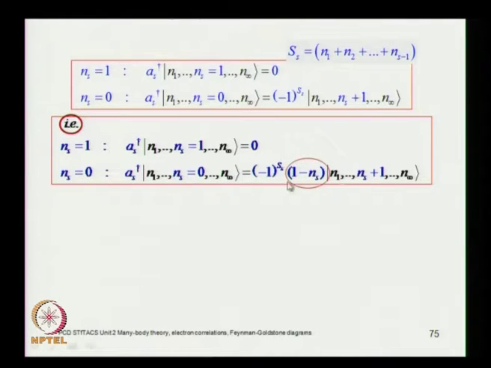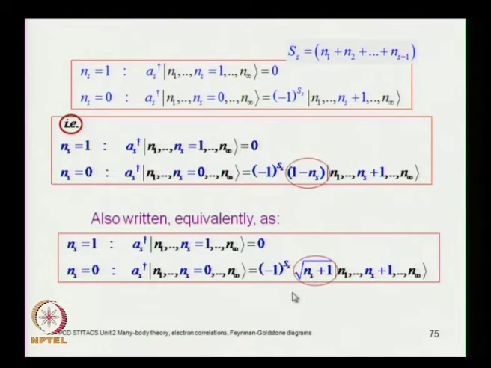Okay. So, this expression is completely equivalent to this, but again instead of writing this as 1 minus ns times this, instead of this coefficient we can use the coefficient root of ns plus 1. So, notice that these two are completely equivalent, because if ns is equal to 0, then you have got 0 plus 1 and you get a square root of 1, right.